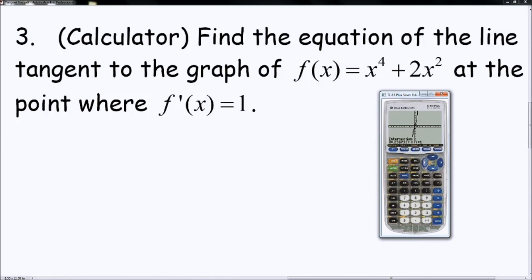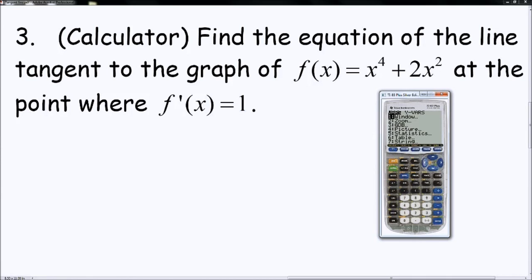So I'm going to go to my home screen. And so I'm just going to memorize 0.236. And let's see here. Let's go to y. Let's turn this back on. And I'm going to plug in 0.236 into my equation.